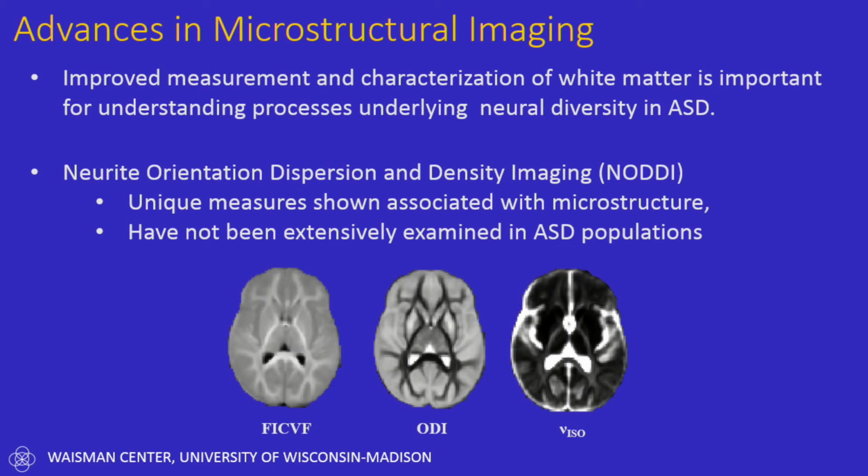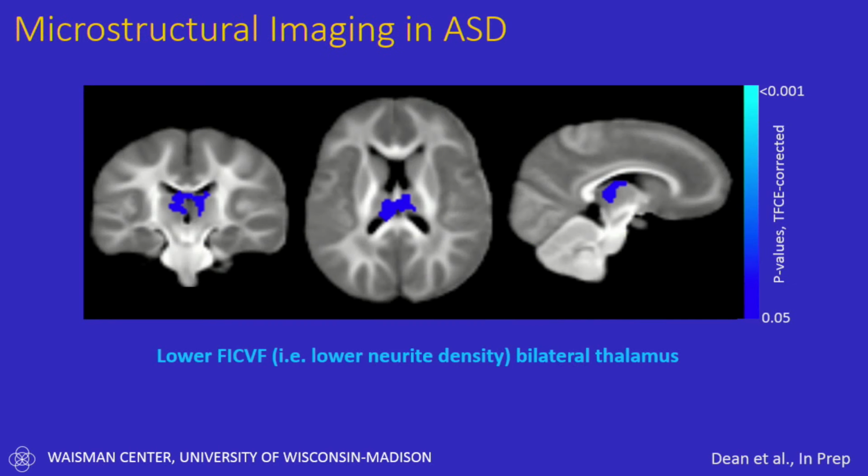This technique is relatively new, and it has not been extensively examined in individuals with autism spectrum disorder. And so we've been spearheading it, and for the first time, we're looking at some of these measures within our local cohort that we've been collecting for the last few years.